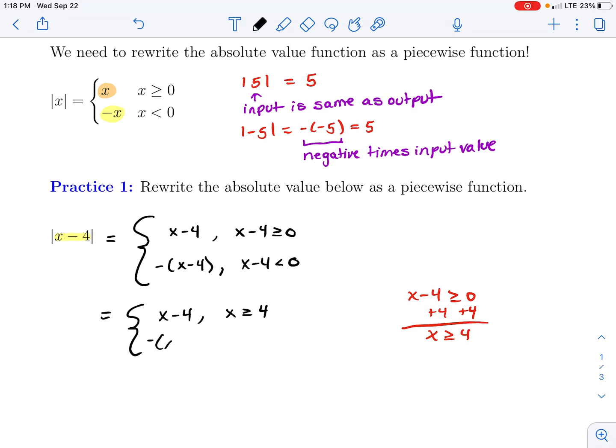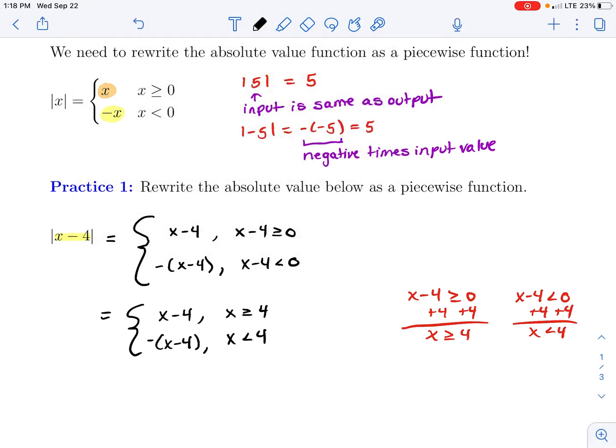And then the same idea is happening here, where I'm just in this case going to get x is less than 4, because I'm going to have x minus 4 is less than 0. Add 4. So I have x is less than 4.